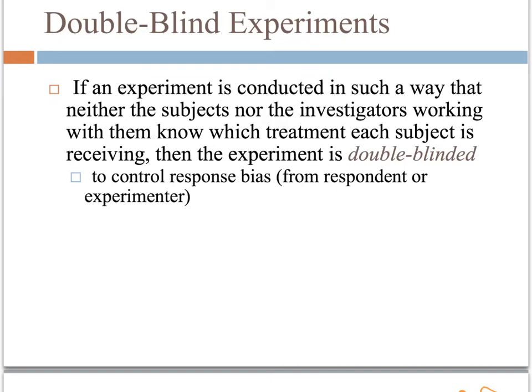We call that a double-blind experiment because both of them are blind as to what's going on. And we do that to control any level of response bias from either the subject or the experimenter.